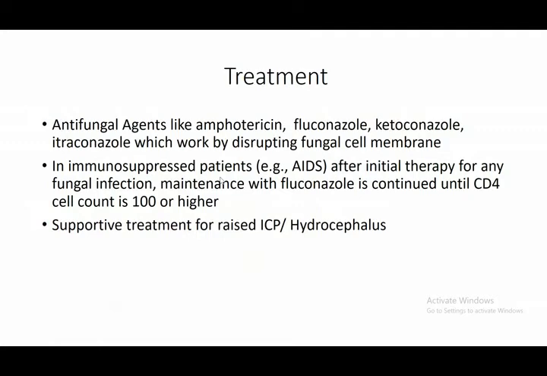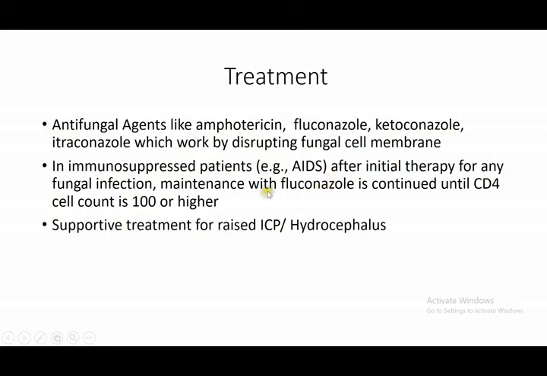Antifungals are used for treatment of invasive fungal disease; especially amphotericin, it is important to use IV amphotericin in case of invasive fungal disease. While you can use fluconazole, ketoconazole, itraconazole, they all basically work by disrupting the fungal cell membrane.